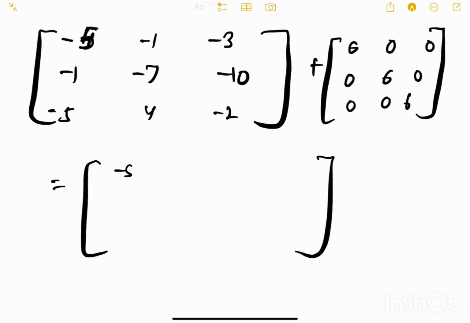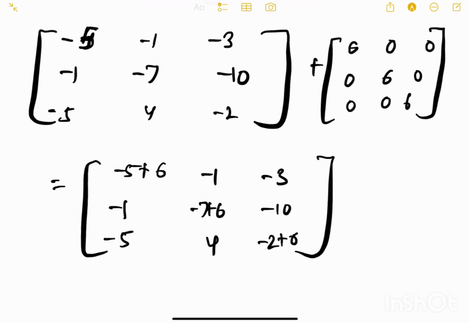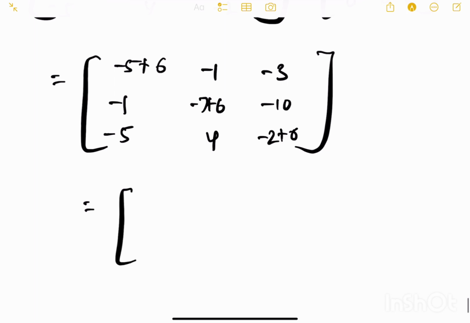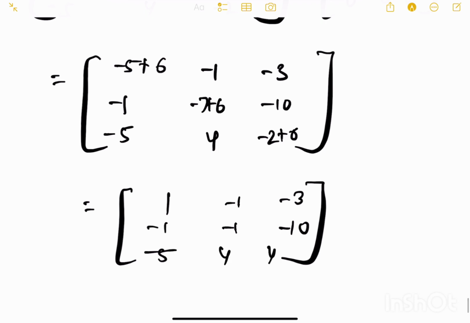With this you can just practice every operation which we have discussed in the last two sessions. This is 6. So this is the resultant.